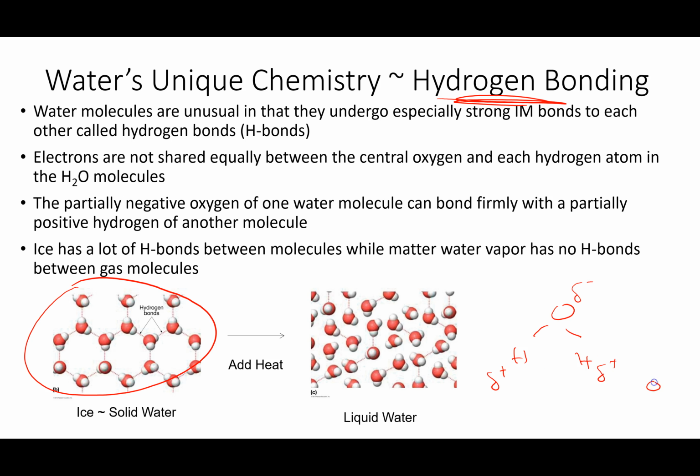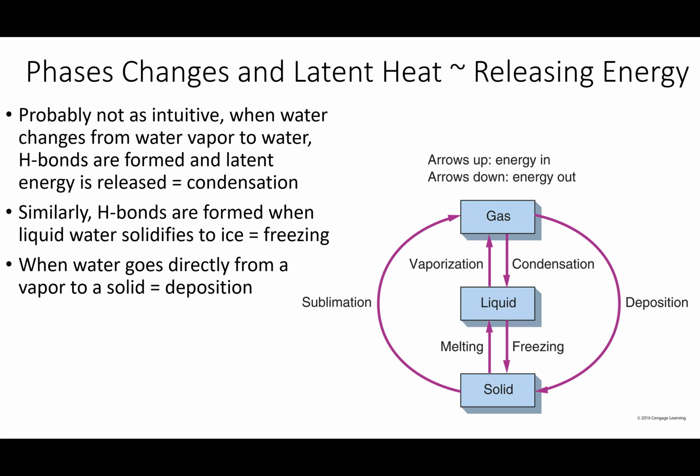So if this is another water molecule, this partially negative part, that is my intermolecular bond right there, with the partially positive hydrogen. Hydrogen bonds are the things that keep water particles together, whether they are a solid or a liquid. Remember, gases basically have no intermolecular bonds, no hydrogen bonds.